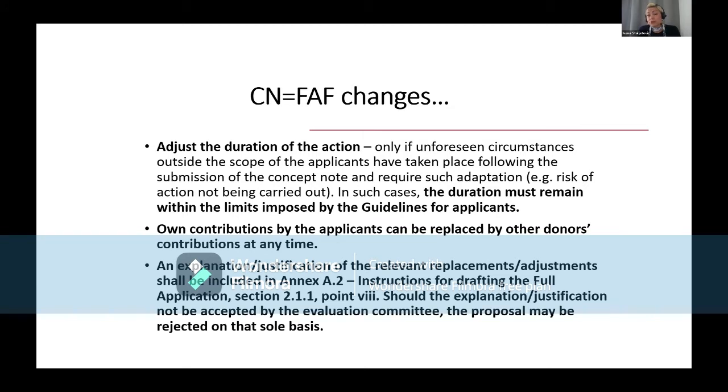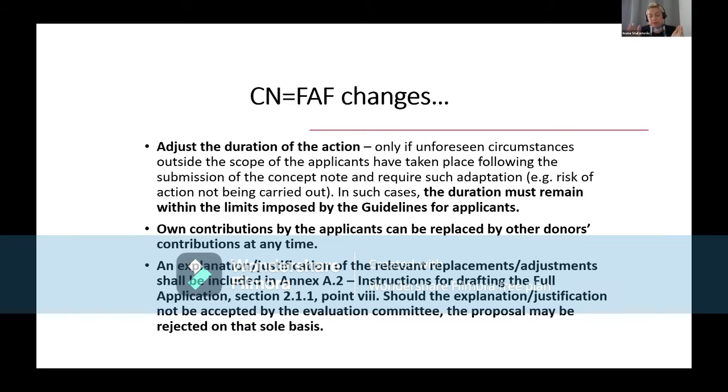And you will be able to do this, but only if you can prove and justify it with some unforeseen circumstances that were out of your scope of influence, and if you can explain and justify that without such adaptation of the duration of your action, there is a risk of the action not being carried out.